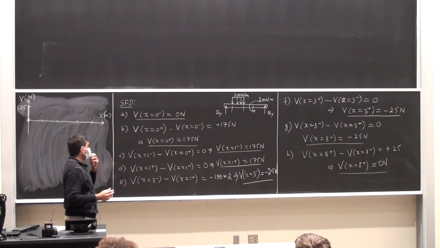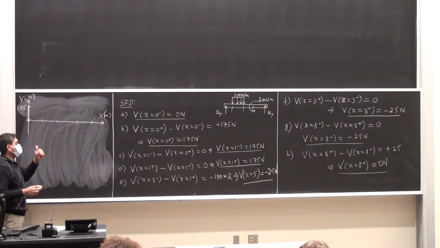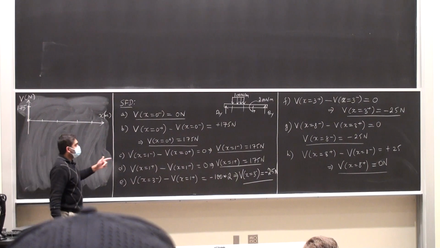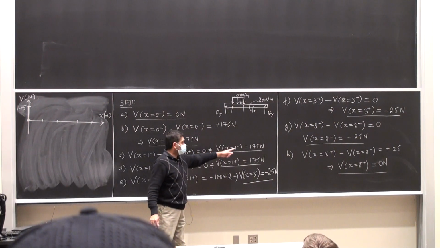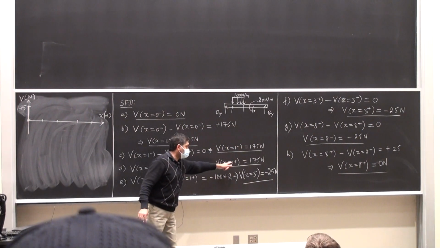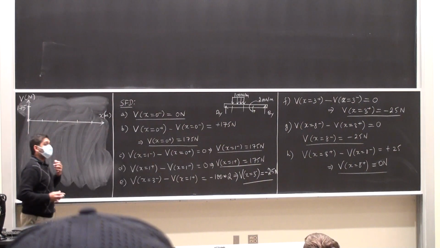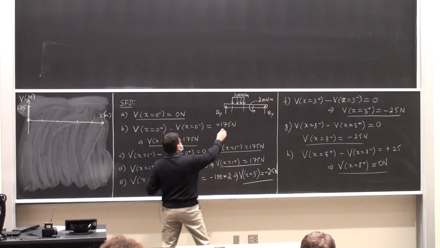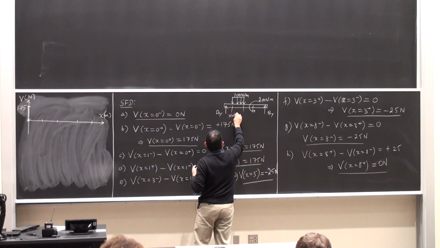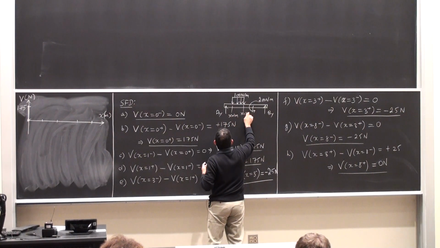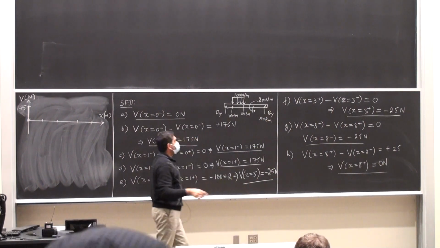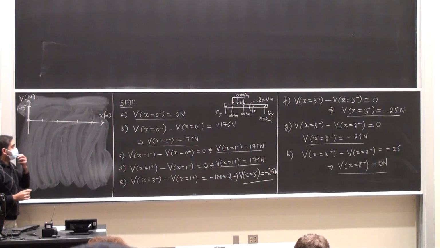Okay. Then I have to go from 0 to 1. Between 0 and 1, I see that at 1 minus I'm at 175, at 1 plus also I'm at 175. This is x is equal to 1. This is x is equal to 3 meters. And this x is equal to 8 meters. In between I have x is equal to 6 meters.